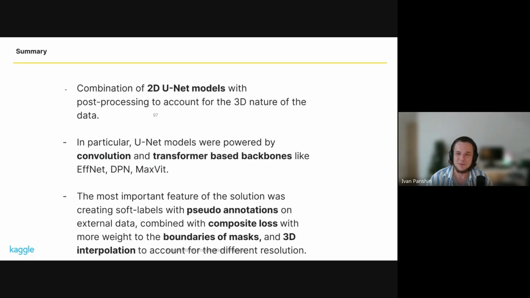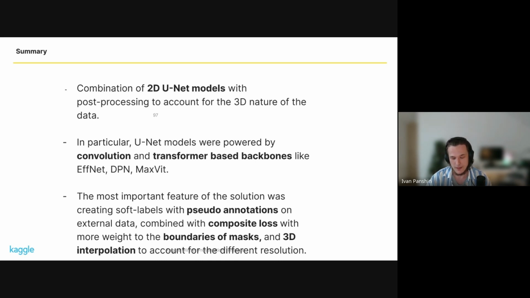So speaking about the most important features of my solution, the first one was obviously pseudo annotations. So in this competition, we don't really have a lot of training data, and that's obviously an issue. So the way I decided to tackle this was twofold. The first idea is, instead of creating pseudo annotations at once, I did it in several stages.